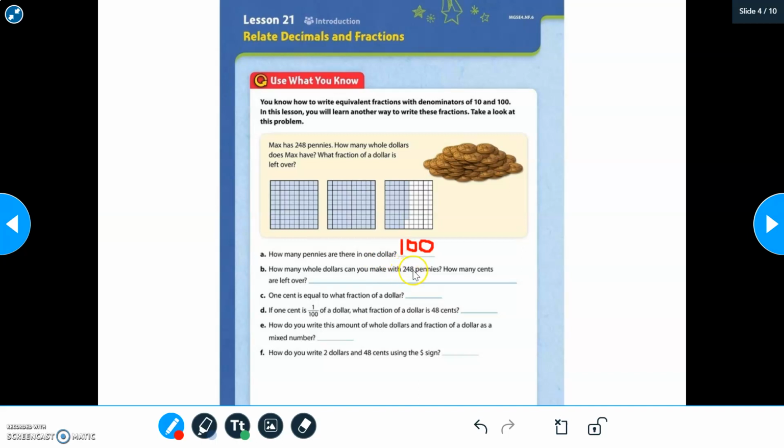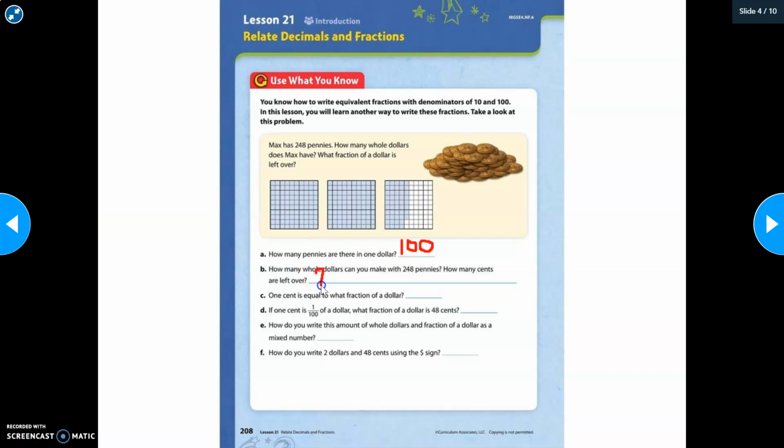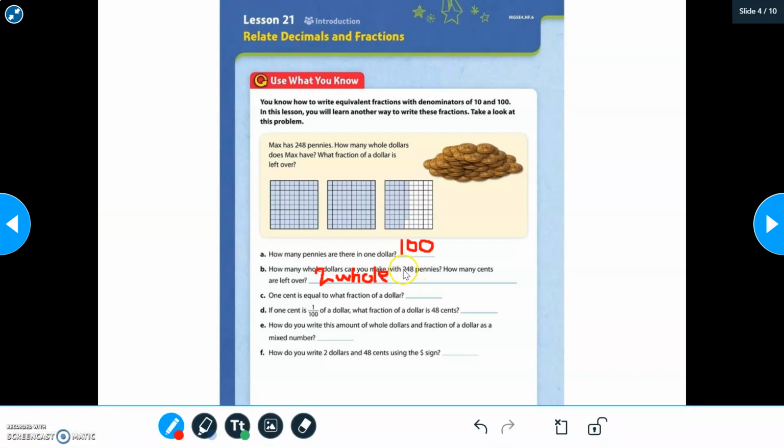So I have 200 pennies within this. So this will give me 2 whole dollars, right? So let's write 2 whole dollars.